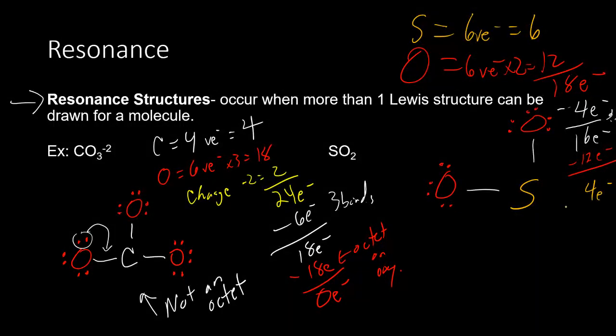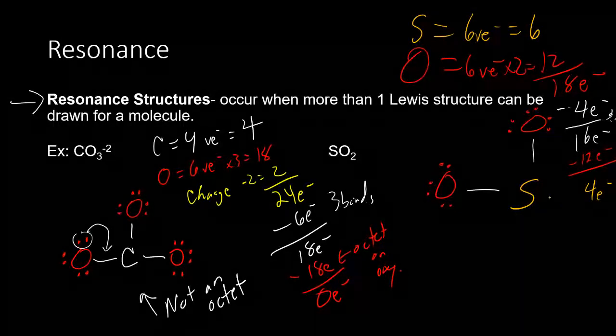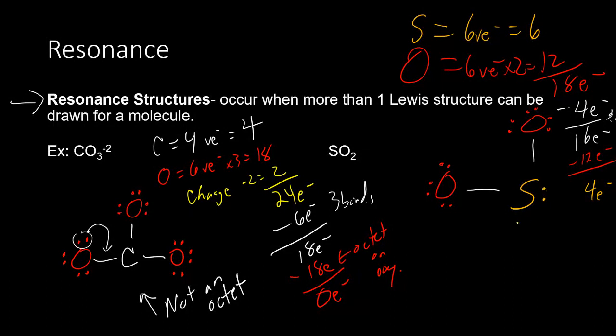Then the electrons that are left go on the center atom, which is not what's supposed to happen. Sulfur has 6, oxygen has 6, is 12, 6 plus 12 is 18, 2 bonds is 4. Oh, it's 14. I knew something was off. There we go, kids. So 14 minus 12 is 2.